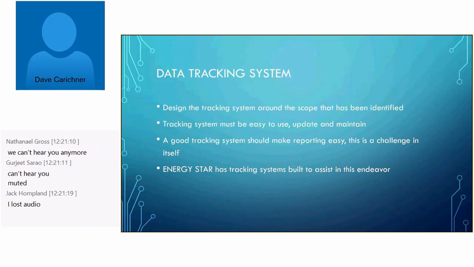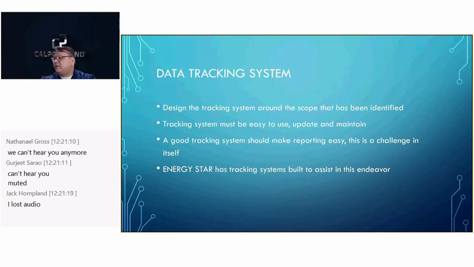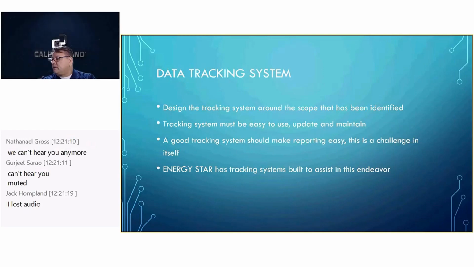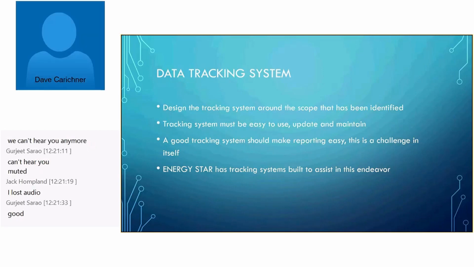Oh, there we go. It's back. I think whoever was muting the hold muted me as well. Okay. Yeah. All right. Good. All right. Thank you.